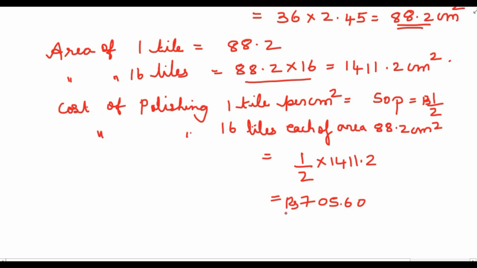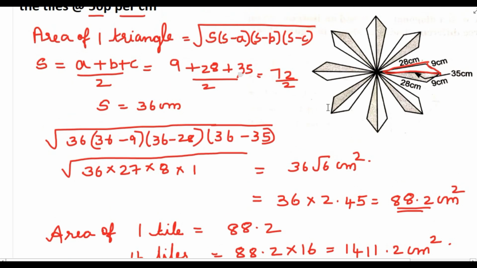So the cost of polishing the tiles is 705.60.